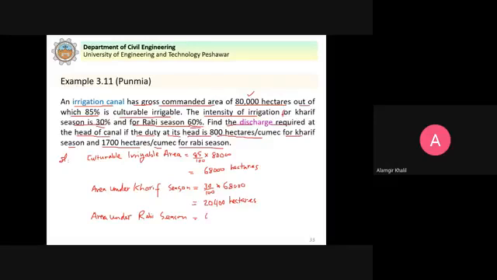So this will be equal to 60 by 100, multiplied by 68,000. So this is equal to 40,800 hectares.